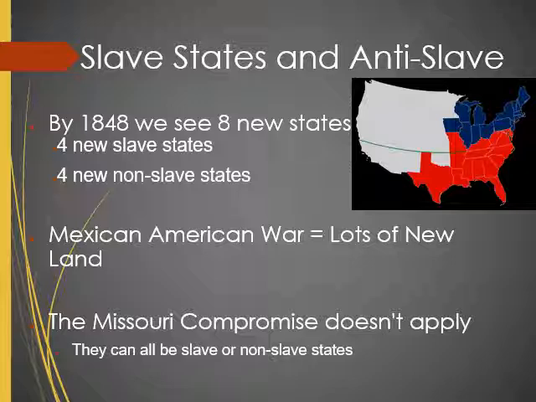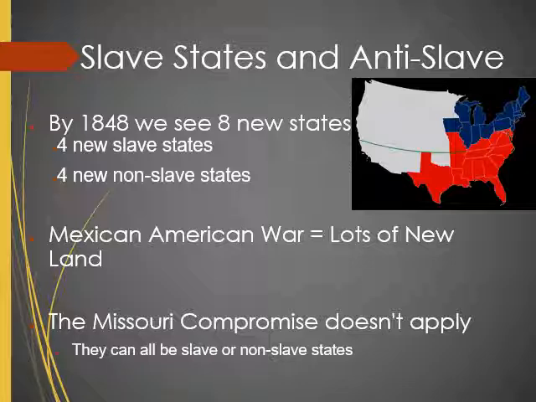And so the big problem was that now all of a sudden, because of winning the Mexican-American War and all that new land we got, we had tons of land that were going to become states eventually, and it started to threaten to destroy this balance, because this new land wasn't part of the United States when the Missouri Compromise was written, so the Missouri Compromise really didn't apply to it.